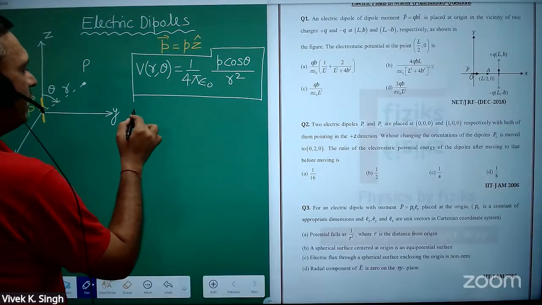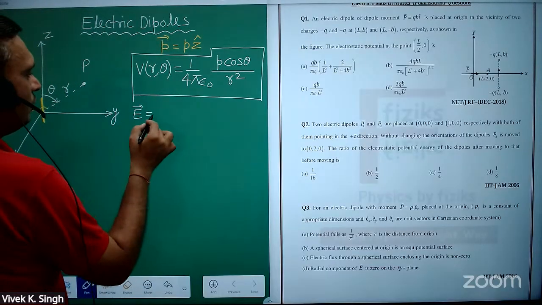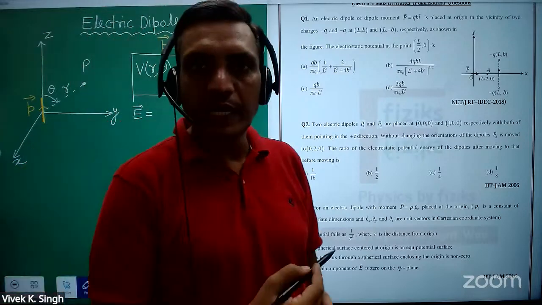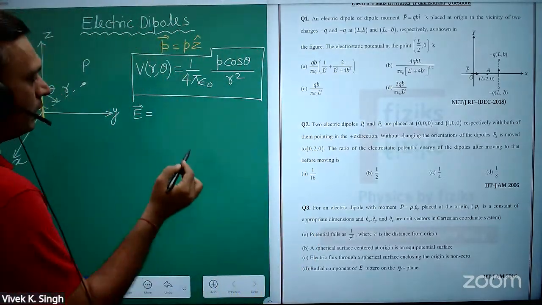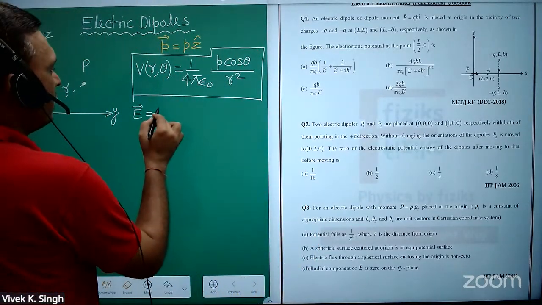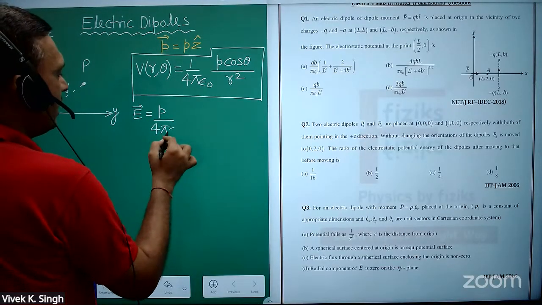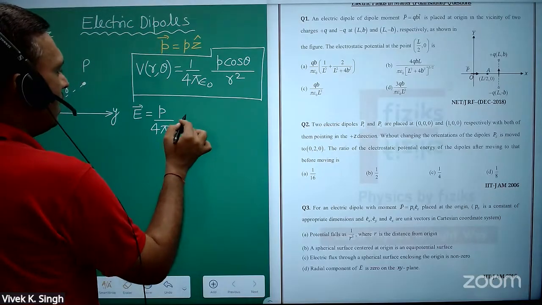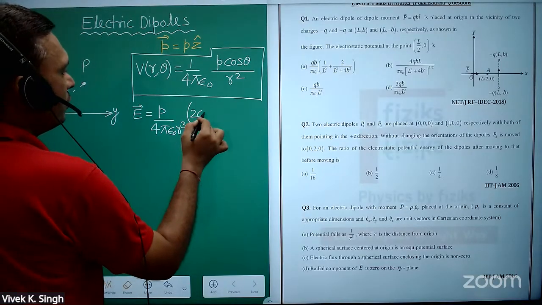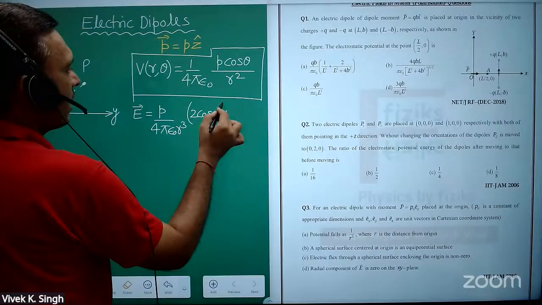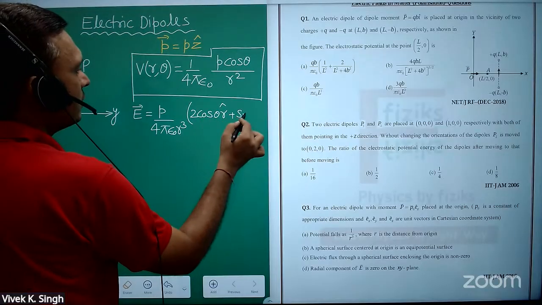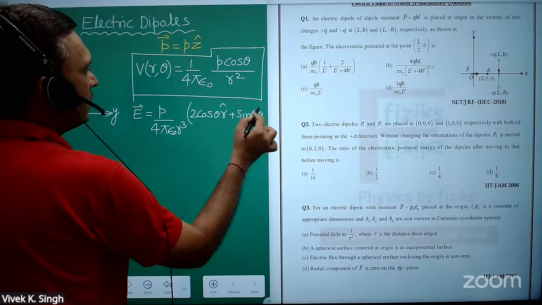Then you can find electric field E. You know that E is minus of gradient V. So if you take electric field, this is given by P by 4 pi epsilon naught r cube, 2 cos theta r cap plus sin theta theta cap.